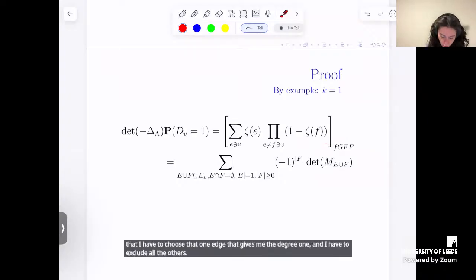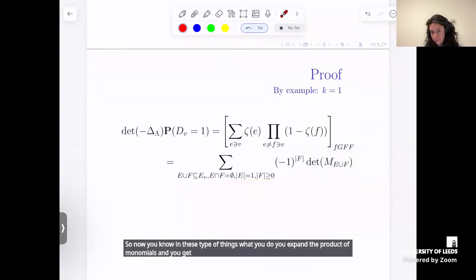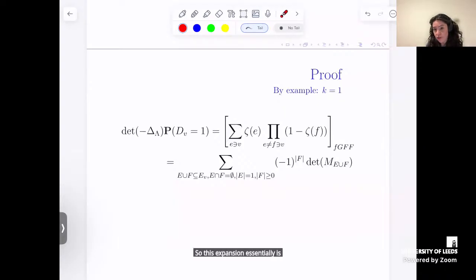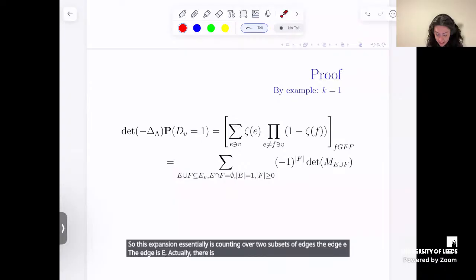So now, in this type of thing, what do you do? You expand the product of monomials, and you get to this expression. This expression essentially is counting over two subsets of edges: the edge E, actually there is only one edge, that is going to give me the degree 1, and all the others that I may have picked up when I expanded the product of monomials, and that's why I get the factor (-1)^|F|.